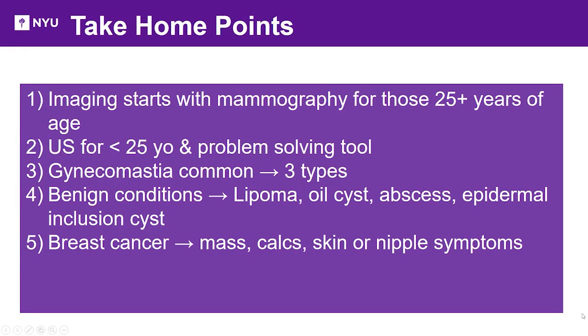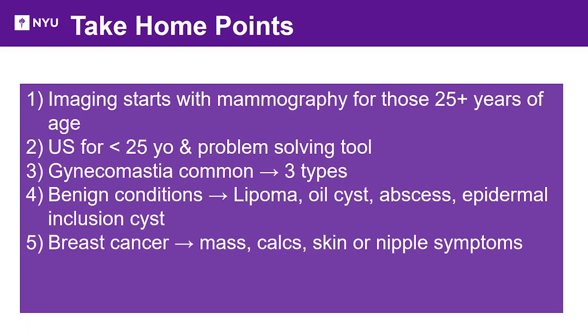So I'll end with a few take-home points. Imaging starts with mammography for men who are 25 years or older. Ultrasound is quite helpful for the younger patient for problem solving. In general, I've showed you the 3 types of gynecomastia that we'll see. And remember, the vast majority of the palpable abnormalities will be benign.